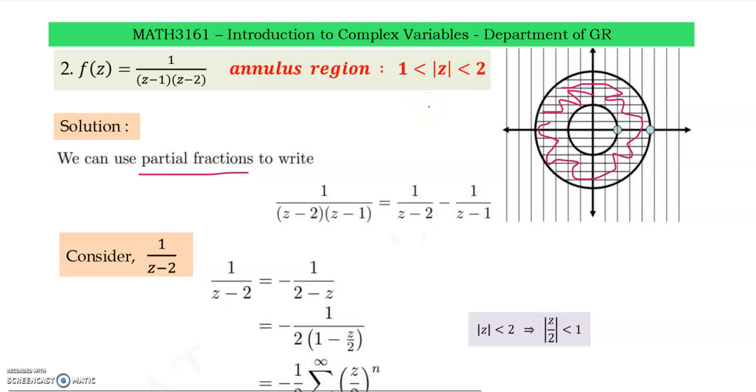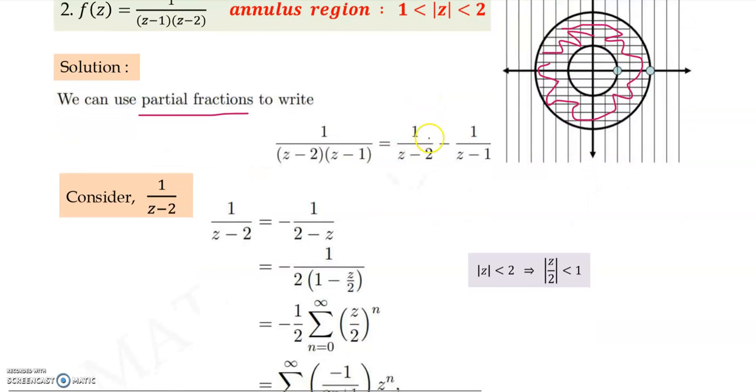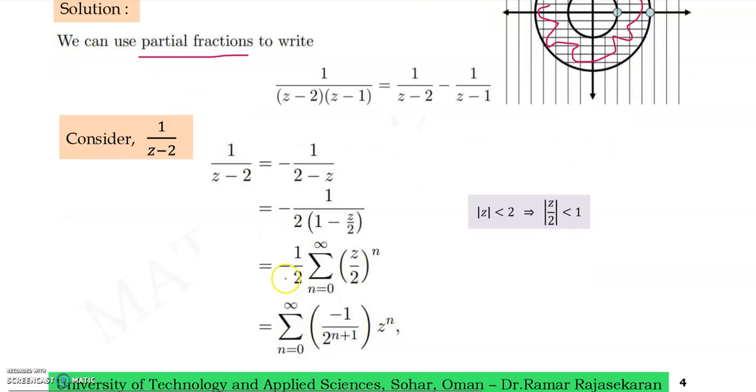Now I take the first term, 1 over z minus 2. The number should be first and the variable second, so it is equal to minus 1 over 2 minus z. Then take 2 as a common factor: 1 minus z over 2. Now we have to confirm whether modulus of z over 2 is less than 1.